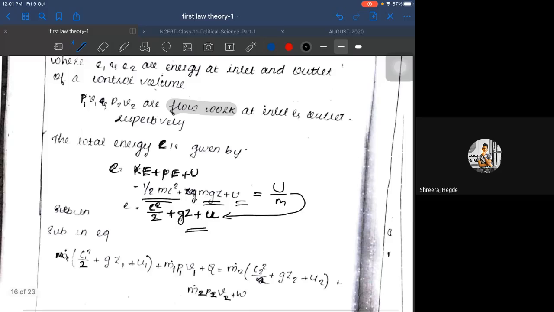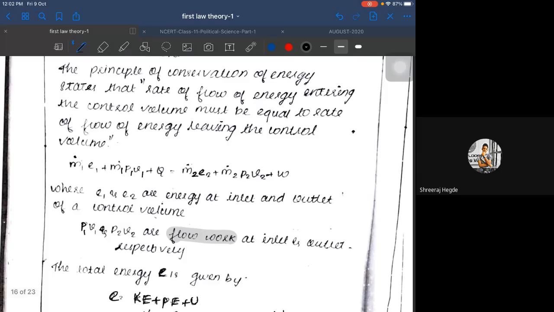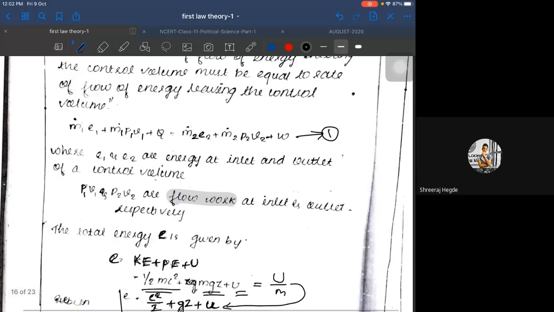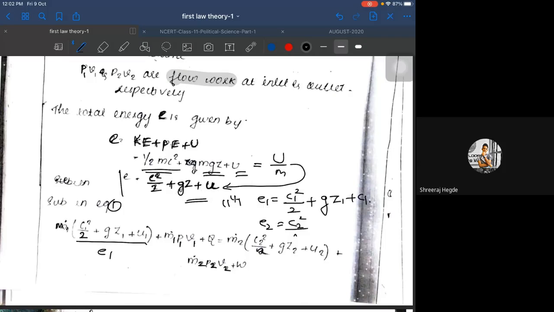Now, substituting this particular E value in the above equation. You can take this as equation 1. You can just write here equation 1, substituting E value. So m dot 1, this is the E1 value. Similarly, I can write E1 is equal to C1 square divided by 2 plus g into Z1 plus u1, and E2 is equal to C2 square by 2 plus g into Z2 plus u2.